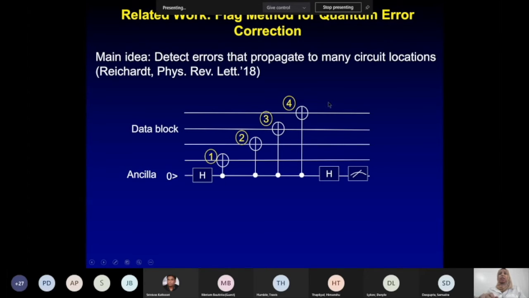And this is a naive example of how you can build a syndrome extraction circuit with a single ancillary qubit. However, the ancillary qubit itself is also noisy. It can produce errors. And so when you apply this flag method, by measuring the flag qubit and ancillary qubit, you can capture these correlated errors in order to correct them.